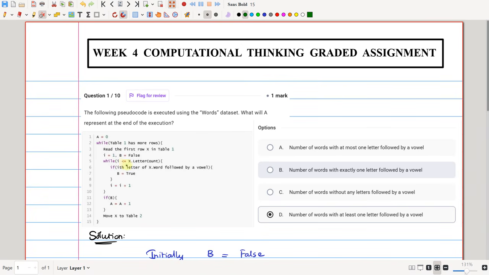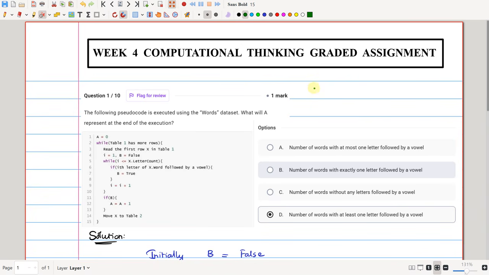So while I is less than or equal to x dot letter count, you have to check if the ith letter of x dot word is followed by a vowel.